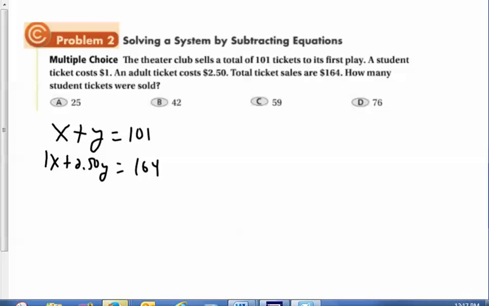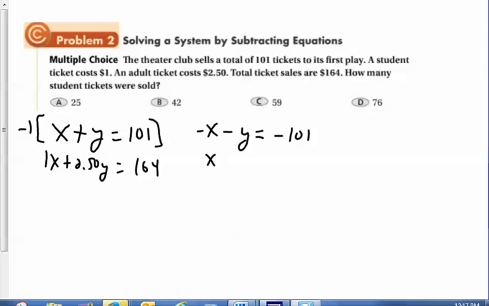Now this is where we have a problem. We don't have alternating signs. So what I'm going to do is multiply this top one by a negative 1. So watch what I'm doing here. I get negative x minus y equals negative 101. And then I just bring this guy over.